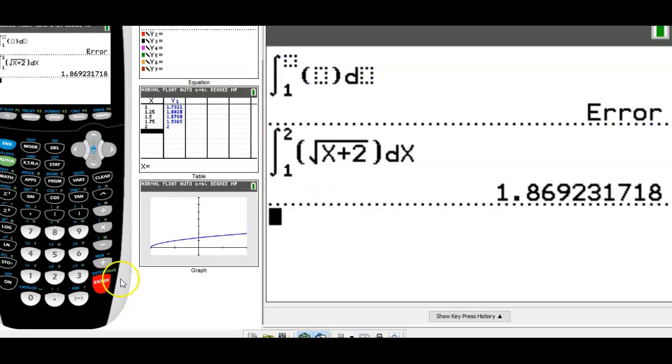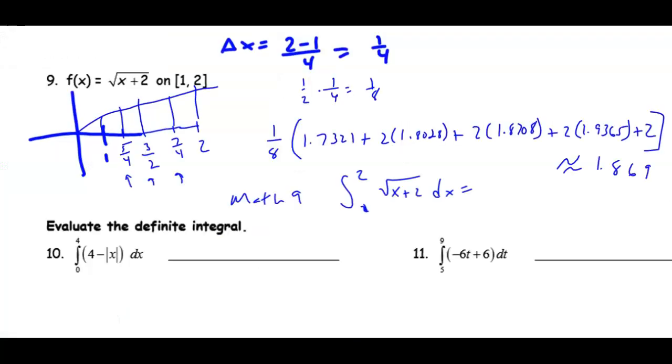So we enter on that, and it gives us 1.869 as well, but 8692. And when I punched in the other one, it was 8.690375. So it was actually an under. All right, this one was 1.8693. This one was 0. So this will be technically under. All right, that's under this one.